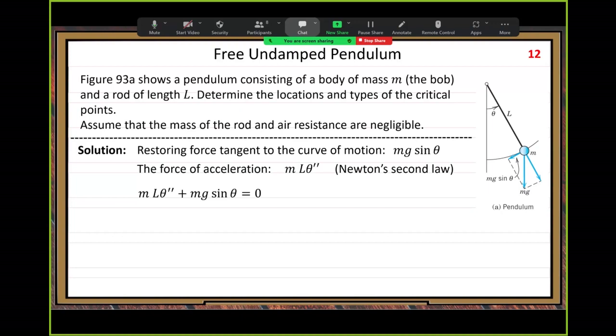The positive direction of theta is that way, but this force is negative to the positive direction of theta. So you move it to the left-hand side, and it becomes positive, plus. That's the differential equation, where K is this constant. After this model, we need to solve this differential equation. All right, let me stop here.